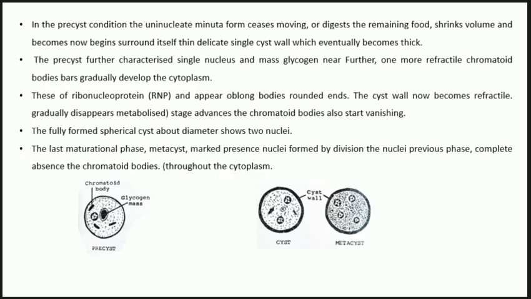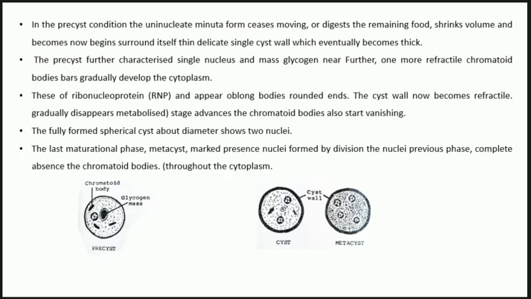The number of vacuoles will be reduced, its size will shrink and it starts surrounding itself with a delicate single cyst wall, which later becomes thick. Initially it is not thick, later it becomes thick, because later it has to go outside and protect itself from the harsh outer conditions. That's why cyst wall formation takes place.